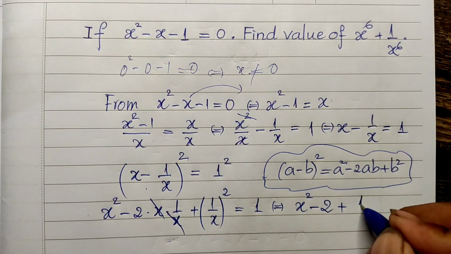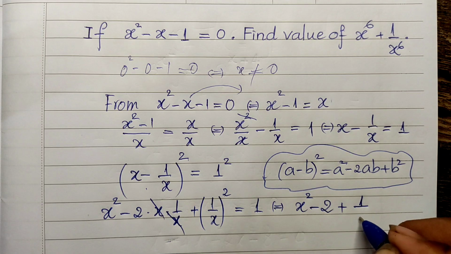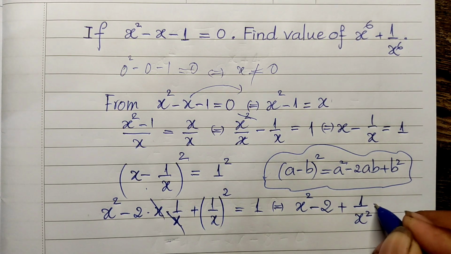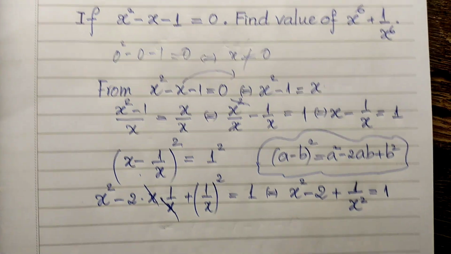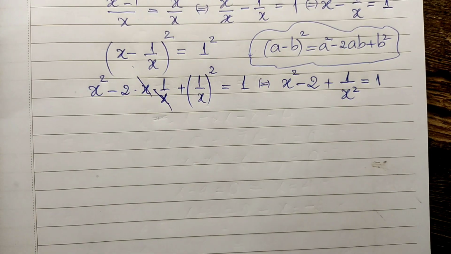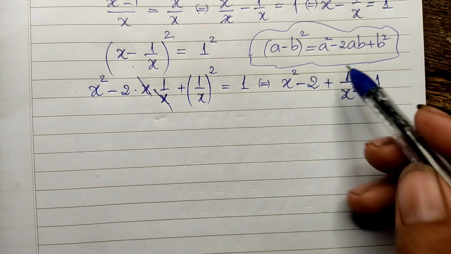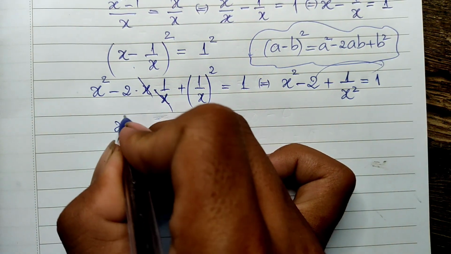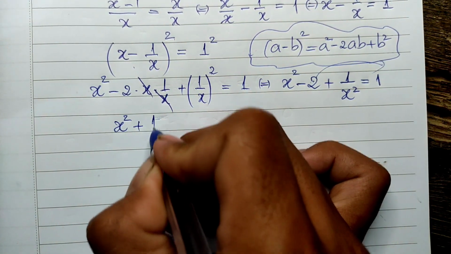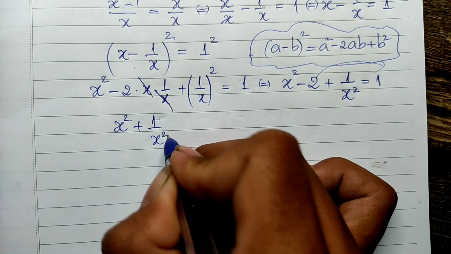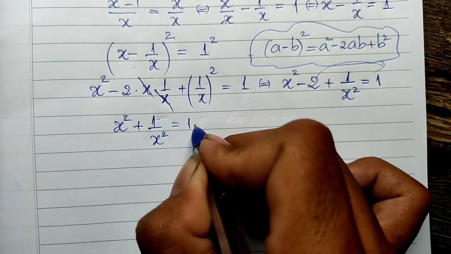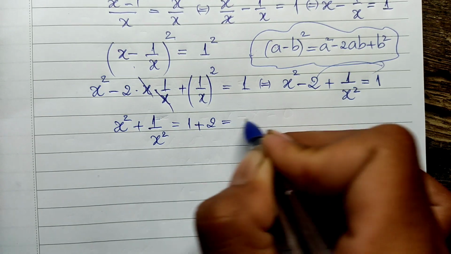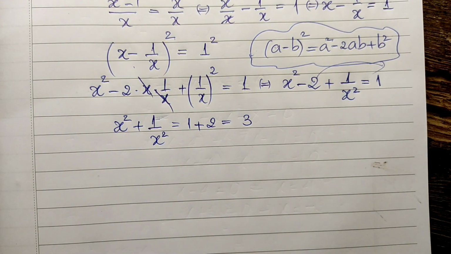So 1 squared is equal to 1, and we have 1 divided by x squared equals 1. Now I move 2 from the left hand side to the right side. So I get x squared plus 1 divided by x squared equals 1 plus 2, which equals 3.